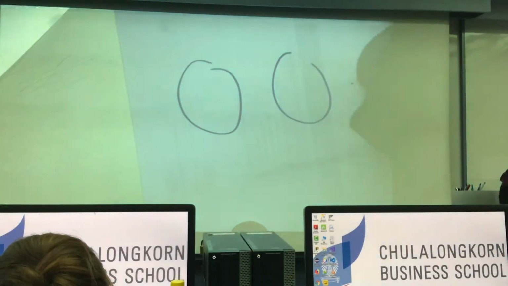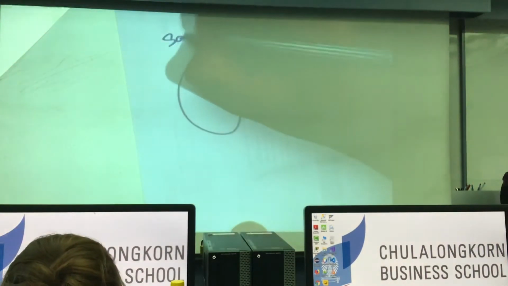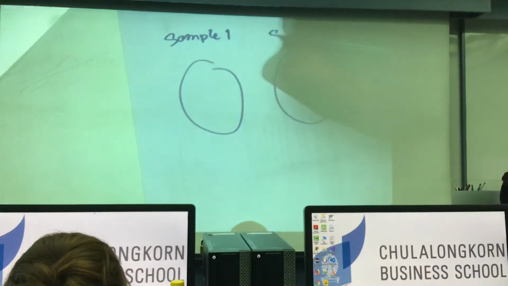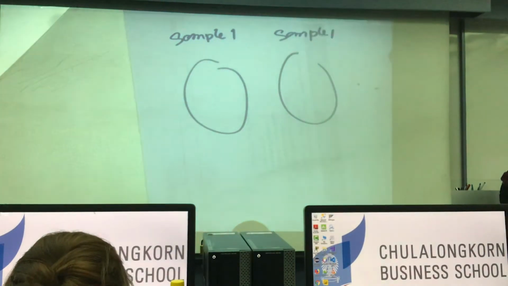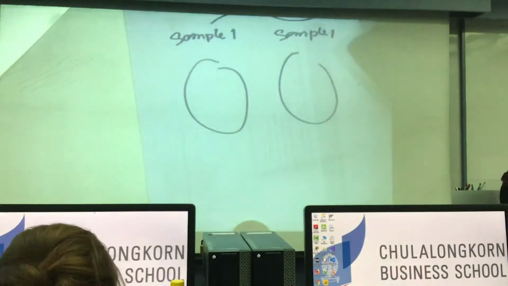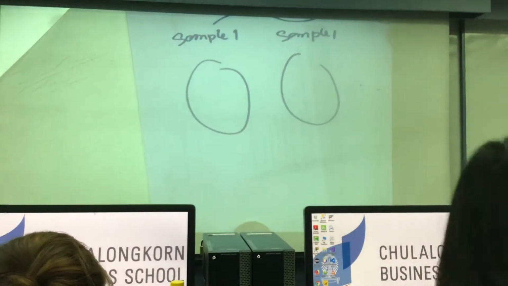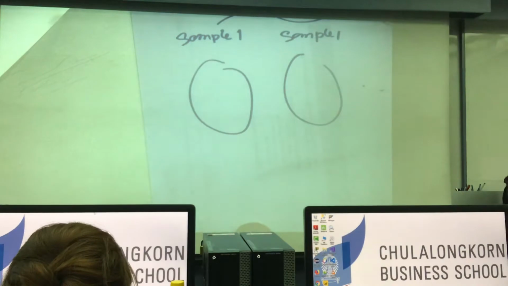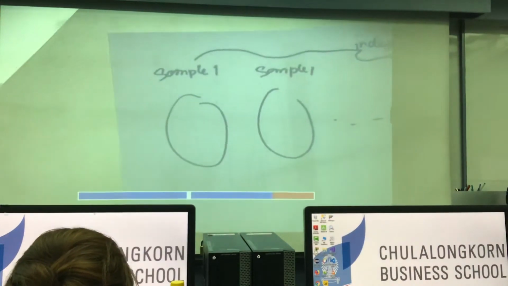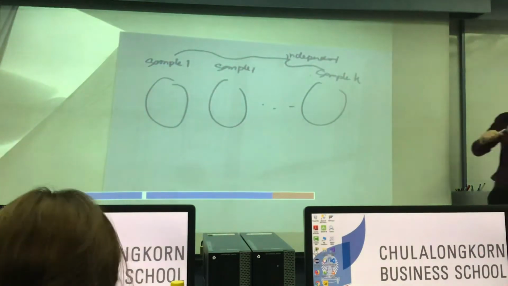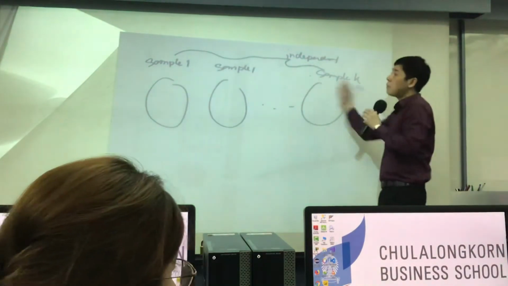Alright, so right now, let's see. You have sample 1, sample 2, up to sample K, and these ones are independent. So now you have K samples.